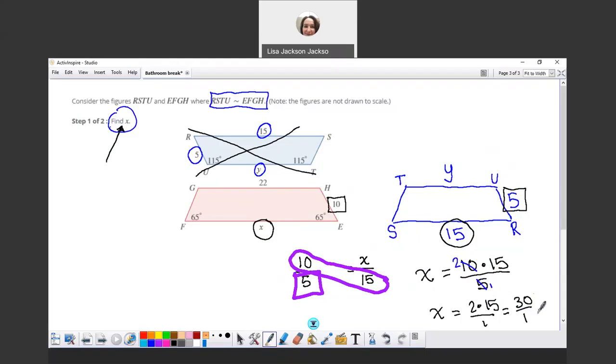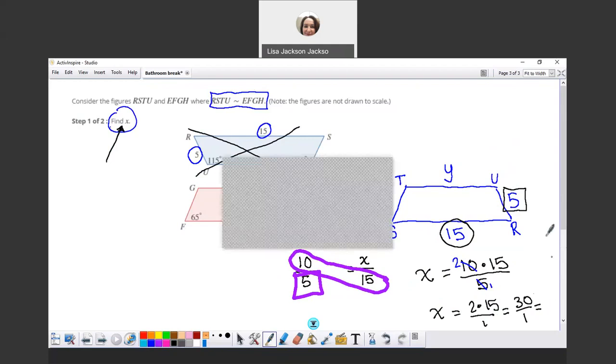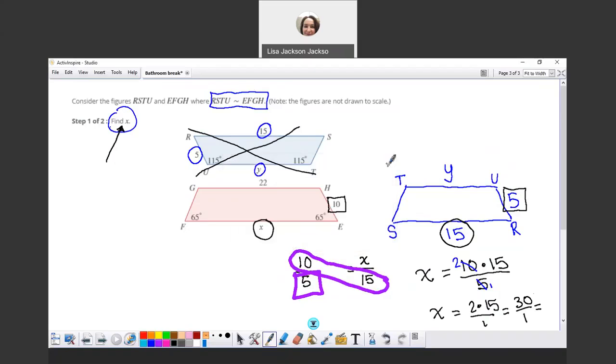So my final answer is x is 30 over 1. But every whole number has a 1 on the bottom of it. We just don't like fractions, so we don't write numbers as fractions unless we have to. So a fully simplified answer, we don't write the 1. So find x. X in this case is equal to 30.